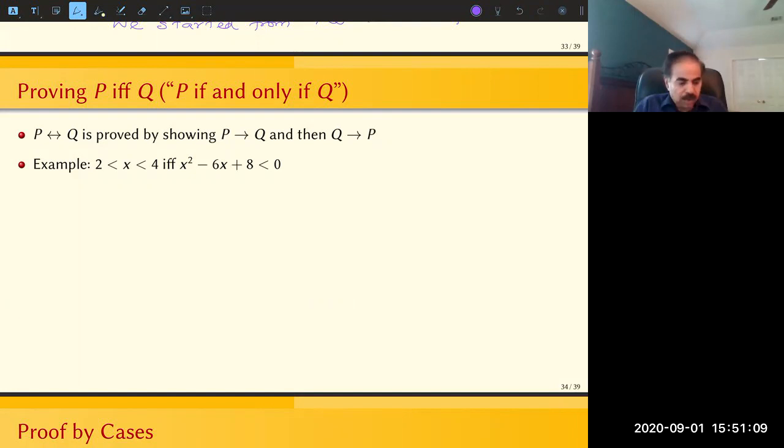Now, if you want to prove if and only if, which means that you are trying to prove something like this, whenever P is true, Q is true, and vice versa, right?